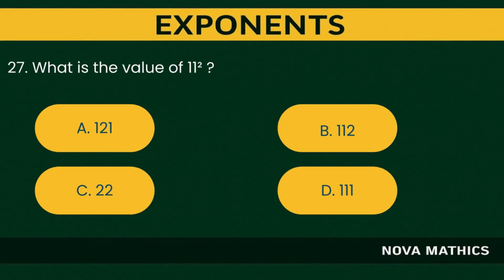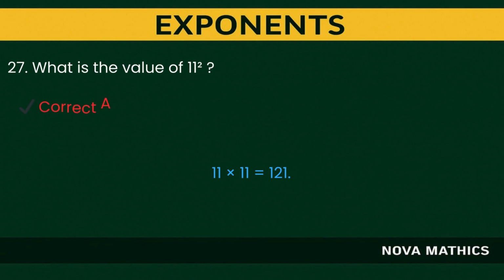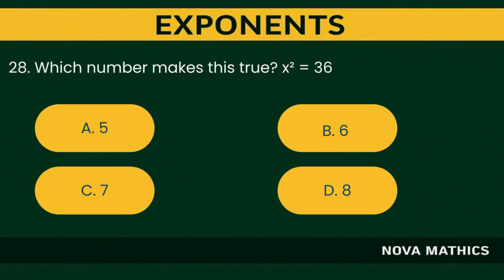27. What is the value of 11 to the power of 2? Answer is 121. 11 times 11 equals 121. 28.